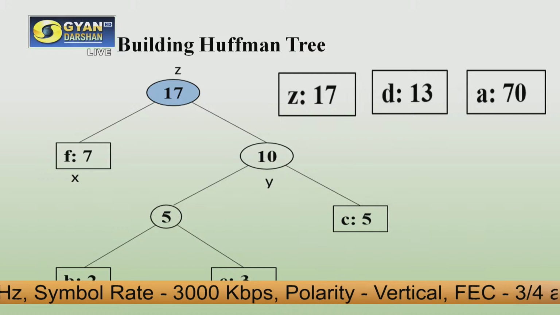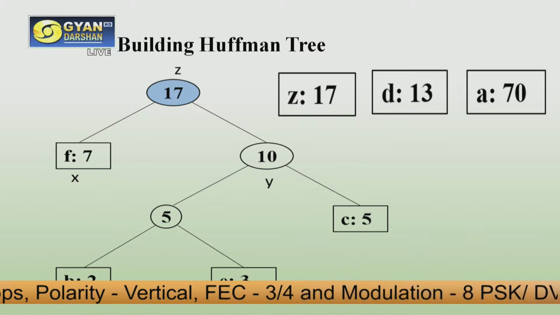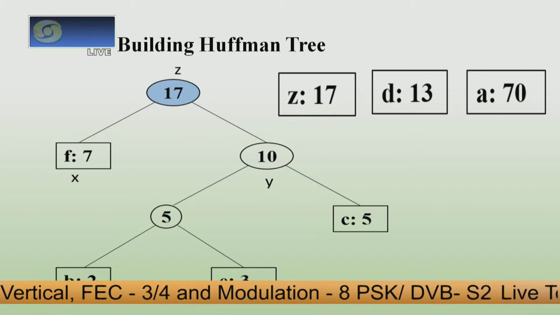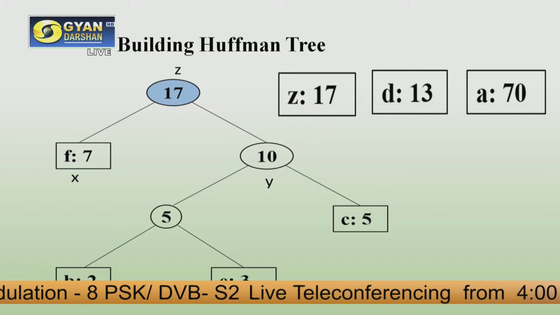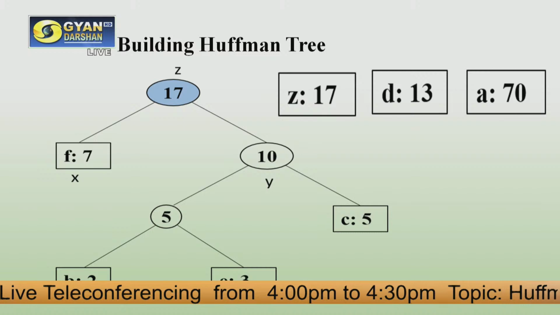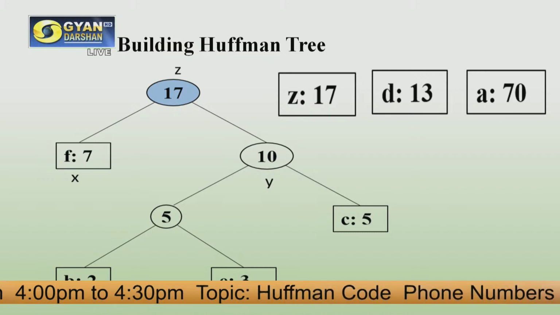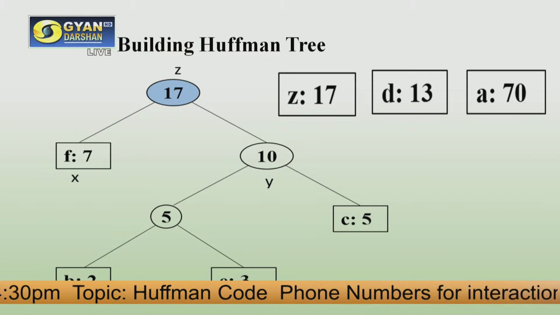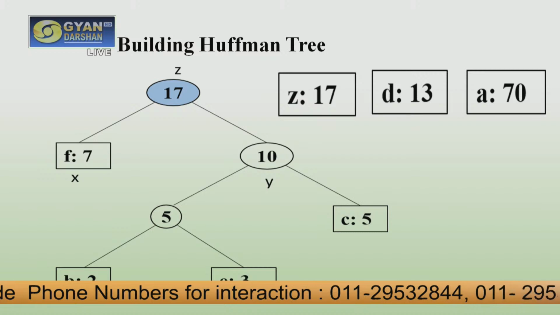The smaller becomes the left subtree, so F7 becomes the left subtree, as you can observe in the diagram, and the whole subtree of Z becomes the right subtree, which is shown with the help of Y. The new node Z is 10 plus 7, which becomes 17. Now we have added this back to the queue.